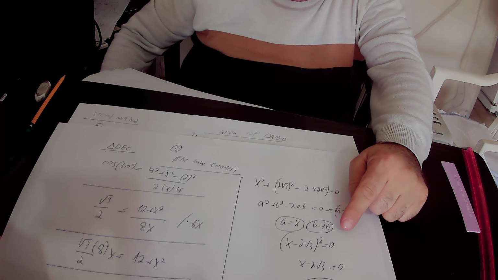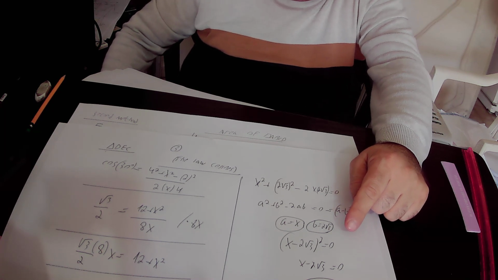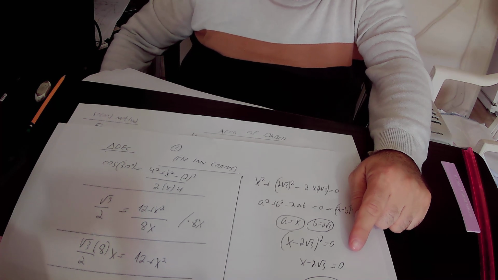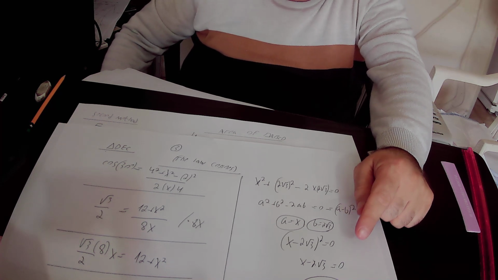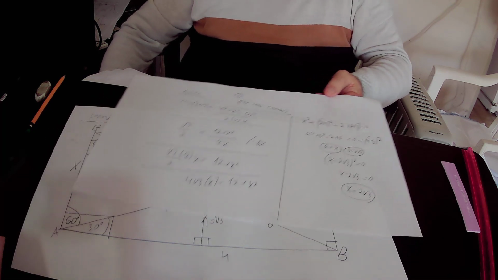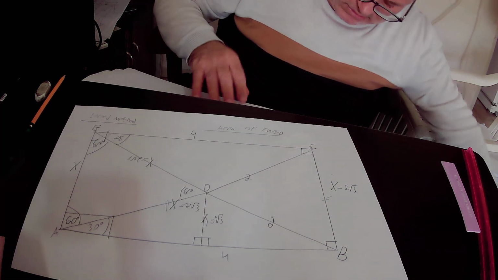We took the root of this equation, and we got that x minus 2 times square root of 3 equals 0. We added 2 times square root of 3 to this equation, and we found out that x equals 2 times square root of 3 units.